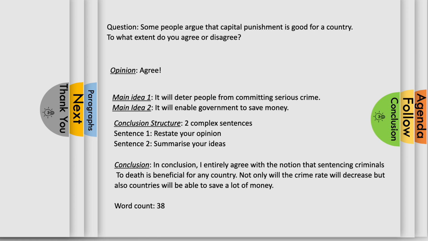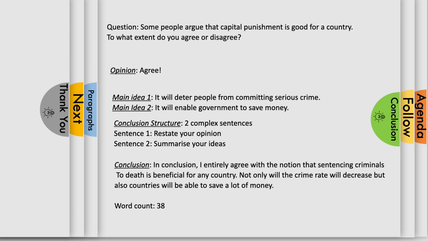Considering all the above, my conclusion would be, in conclusion, I entirely agree with the notion that sentencing criminals to death is beneficial for a country. Okay, so like I said, we are going to use 2 complex sentences. In the first sentence, we are going to restate our opinion. So what we stated in the introduction is that we totally agree with the statement.